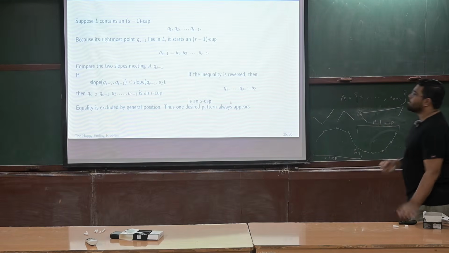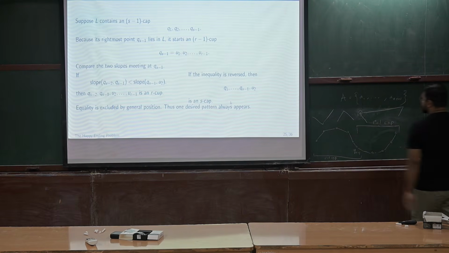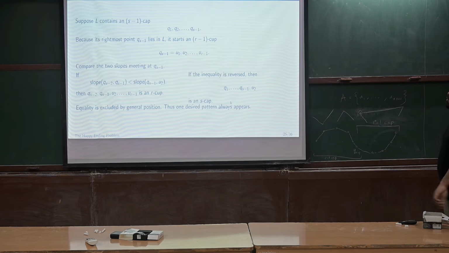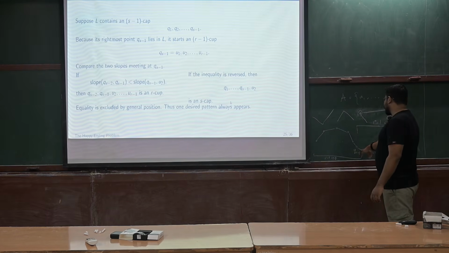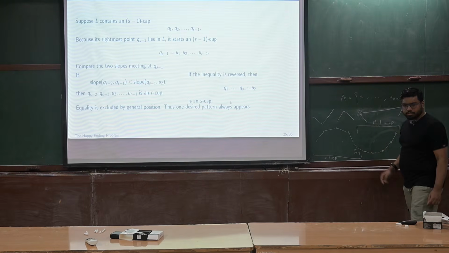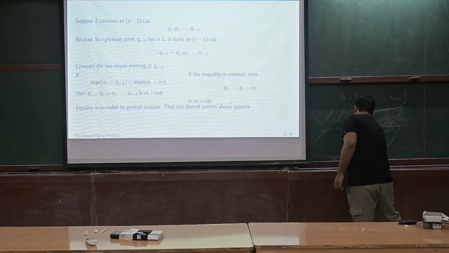So now you compare the slopes. Compare the two slopes that meet at qs minus 1. So basically this and this. So one case could be that this slope is less than this. In that case, so this is qs minus 2.